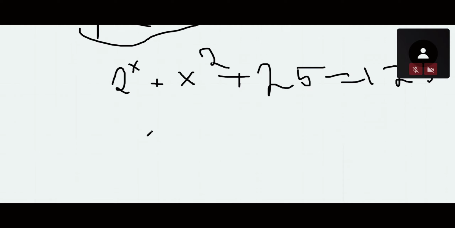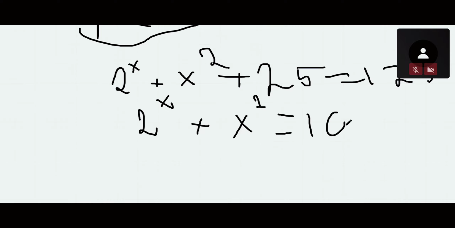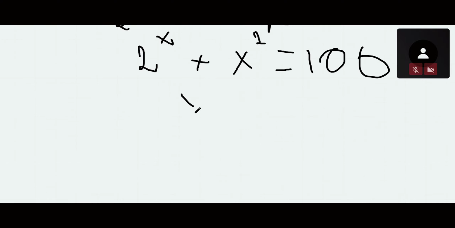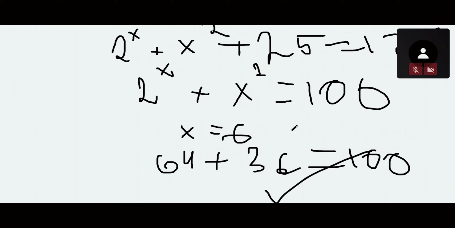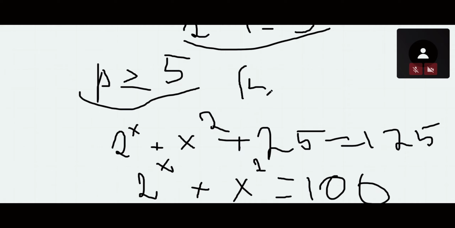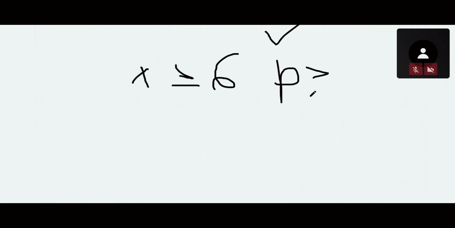If we subtract 25, 2 to the power of x plus x squared is equal to 100. If we take x as 6, it makes 64 plus 36, which makes 100, which is correct. So one answer is 5 and 6. Let's check further: x is also bigger than 6 and p needs to be bigger than 5.